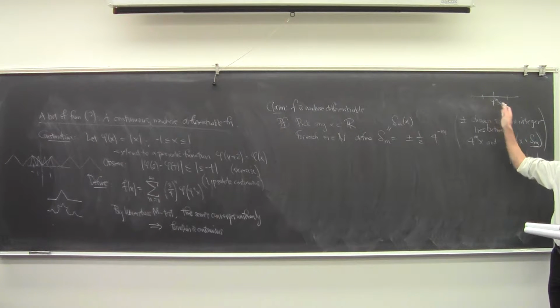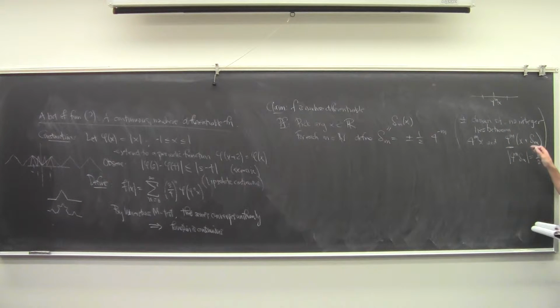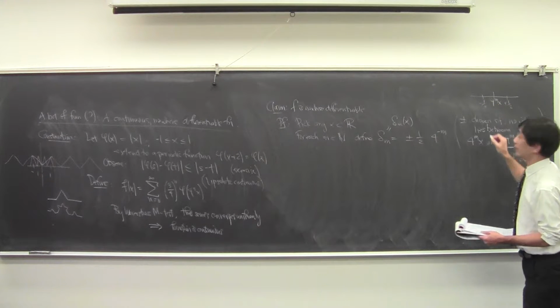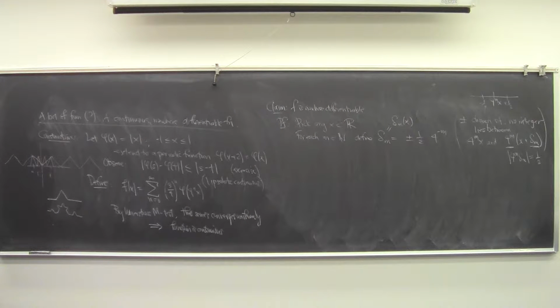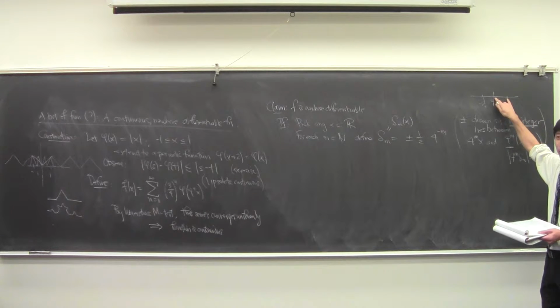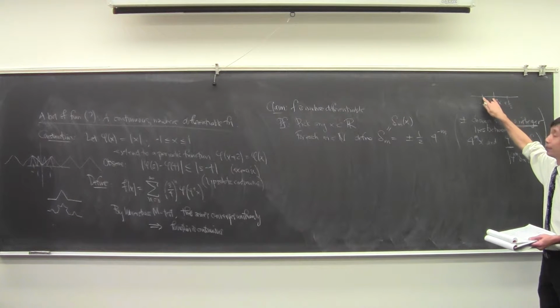If it's on the left side, you make it minus. Make sense? You're choosing it so that this interval doesn't contain any integers, because the width is 1/2, so either this one contains no integers or that one contains no integers.